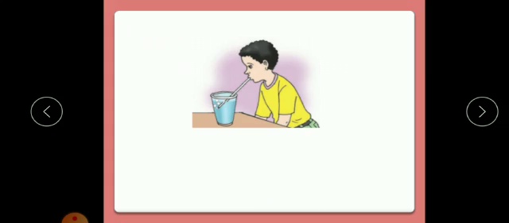Now, let's have a look on this picture. This is a glass full of water. If we blew air through a straw in the water, what do we see? We see bubbles rise up in the water.